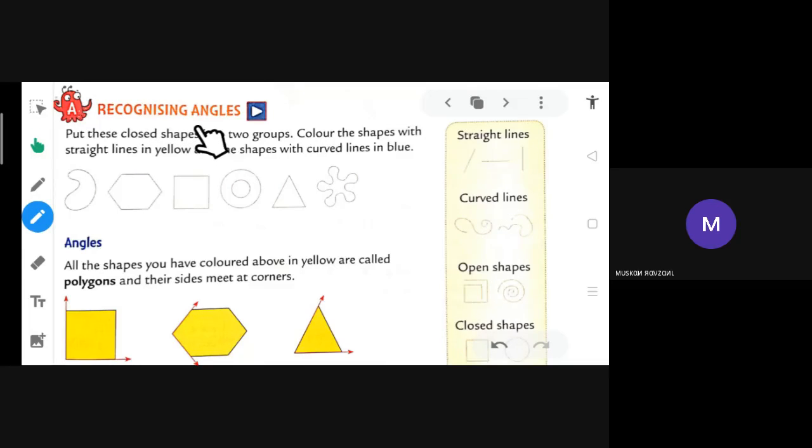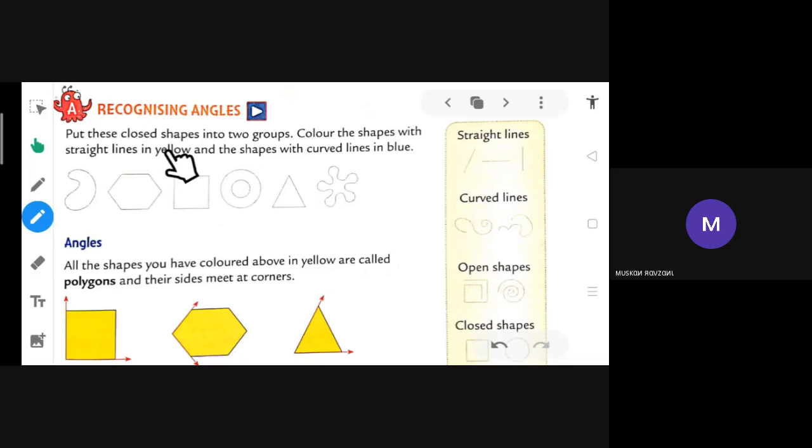Recognizing shapes. Put these closed shapes into two groups. Color the shapes with straight lines in yellow and the shapes with curved lines in blue. So here you can see 1, 2, 3, 4, 5, 6 shapes are there.